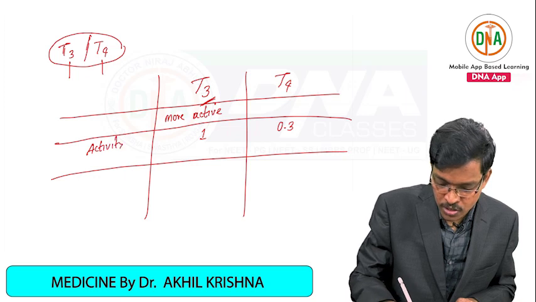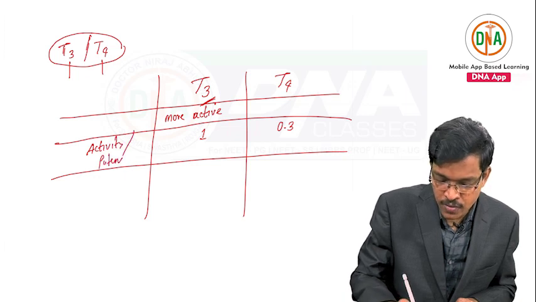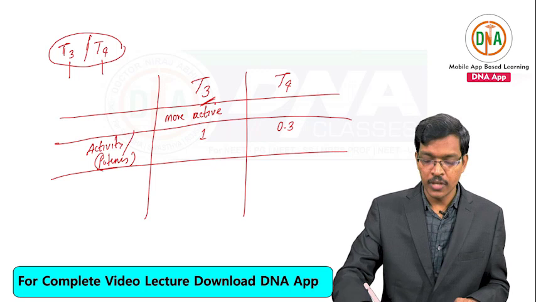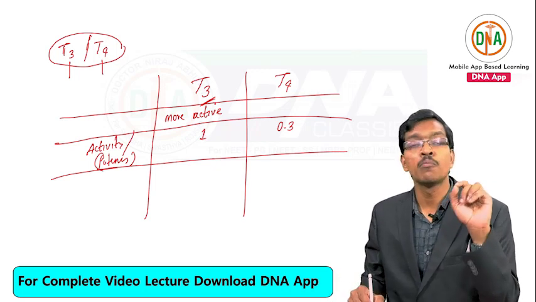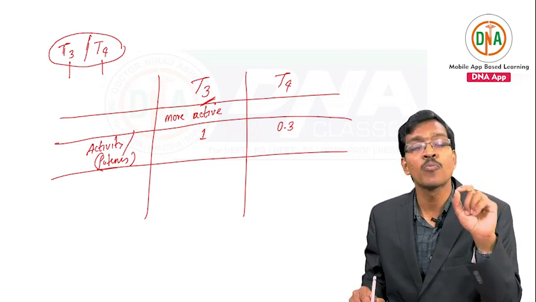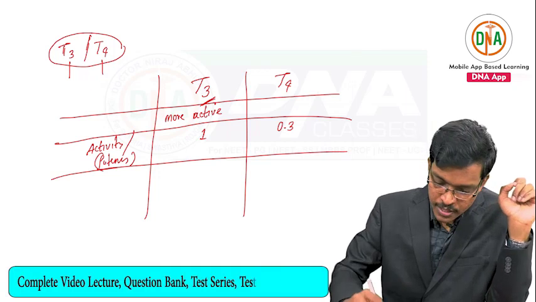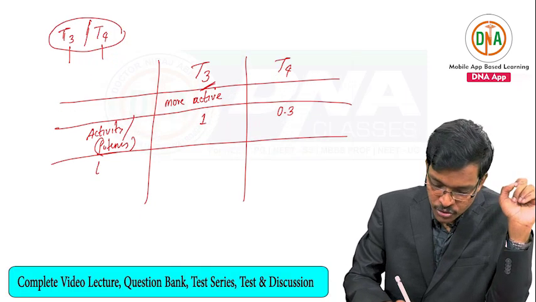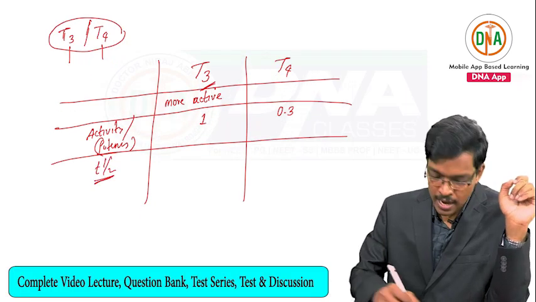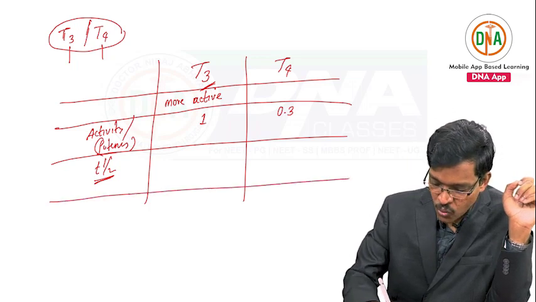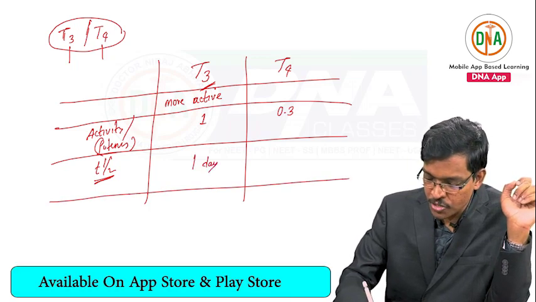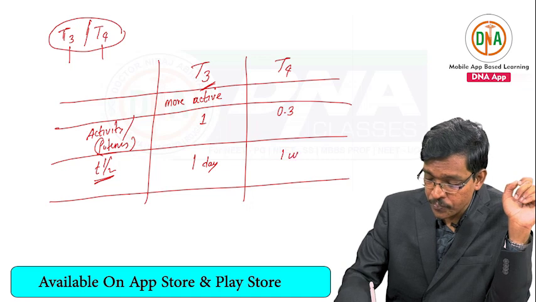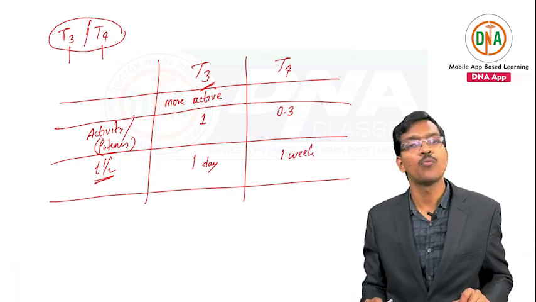That is the more metabolically active form. Now, what about the half-life of T3 and T4? Half-life of T3 is 1 day, half-life of T4 is 1 week.